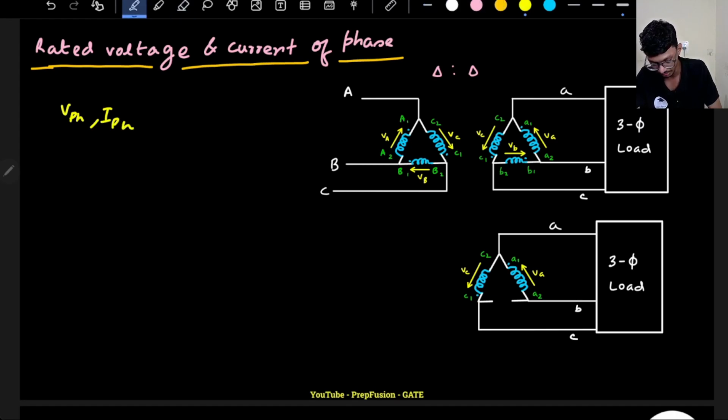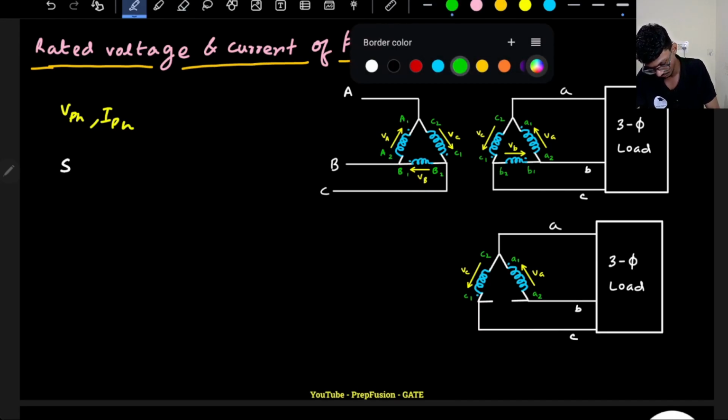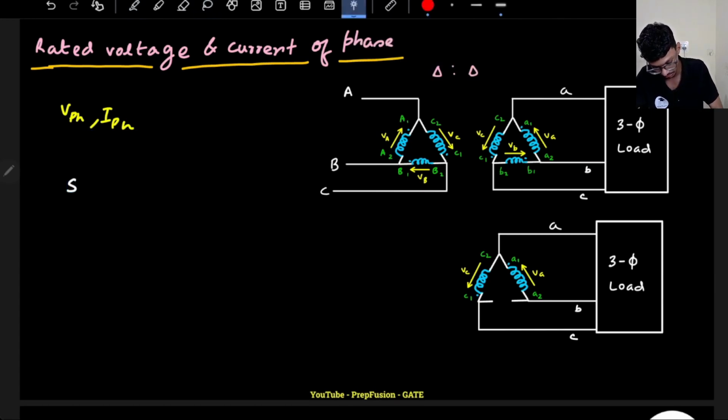So for the three phase power supplied, there are two formulas. This is case one circuit diagram, and this is case two circuit diagram.